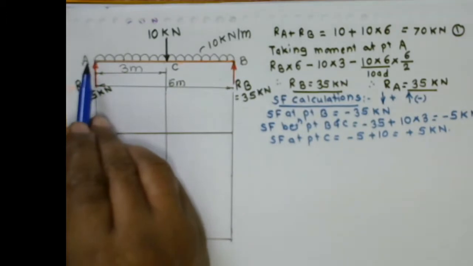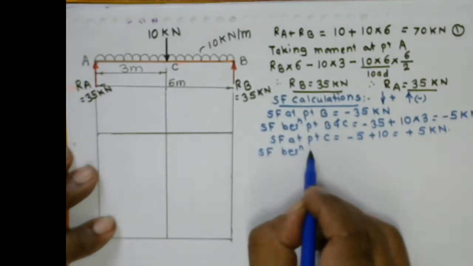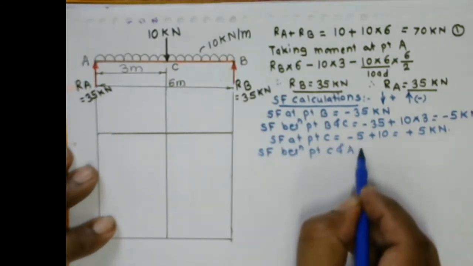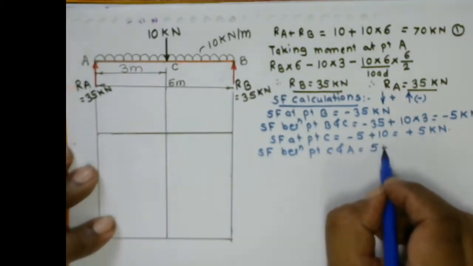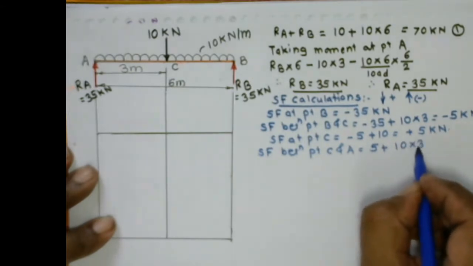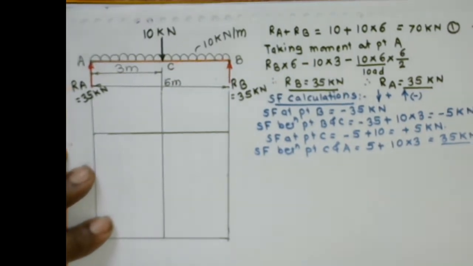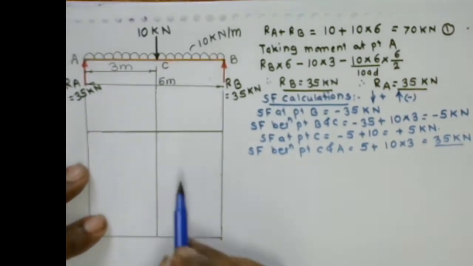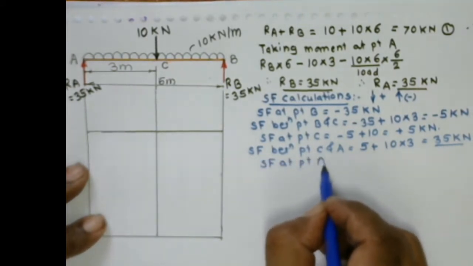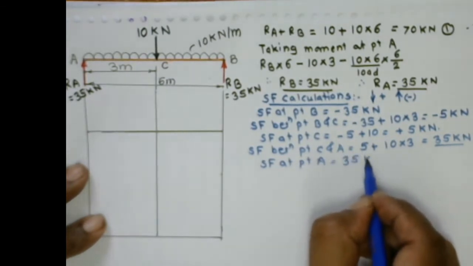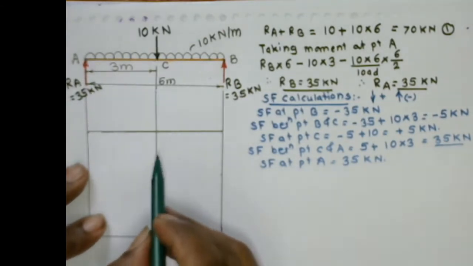Again between the point C and A, UDL is acting, so shear force increases from point C to A: 5 plus UDL rate 10 into 3, it becomes 35 kilonewton, and shear force at point A is equal to 35 kilonewton.